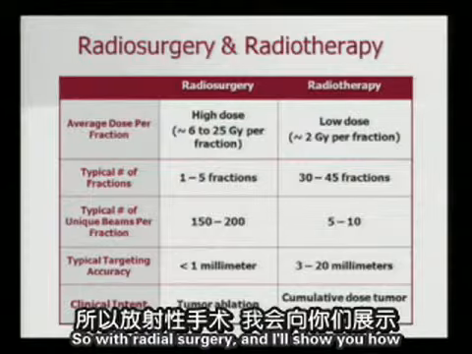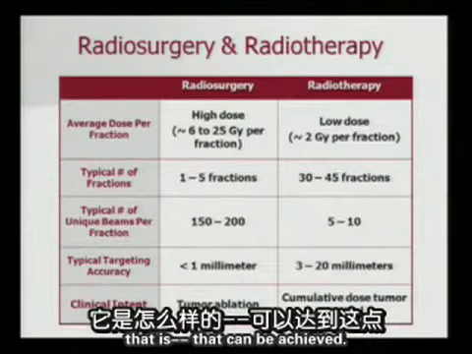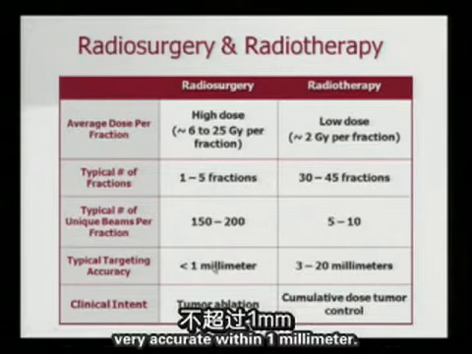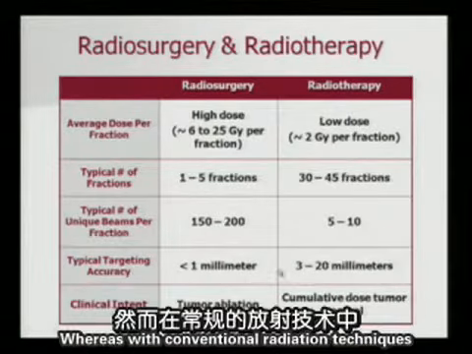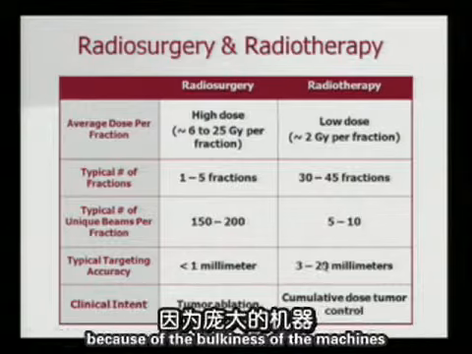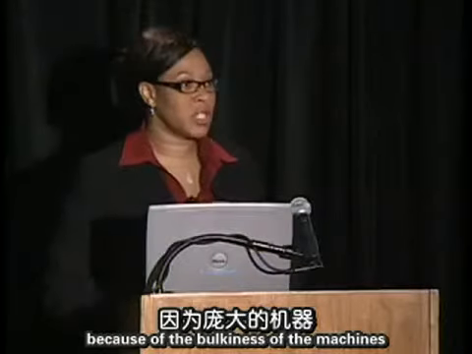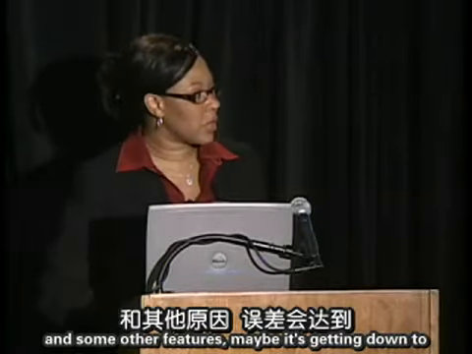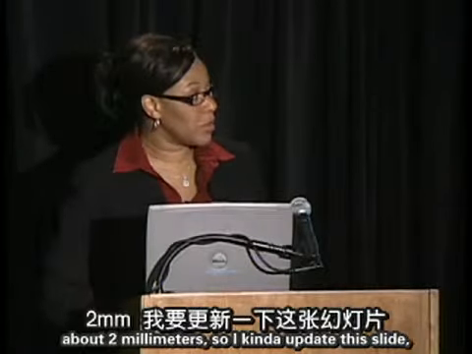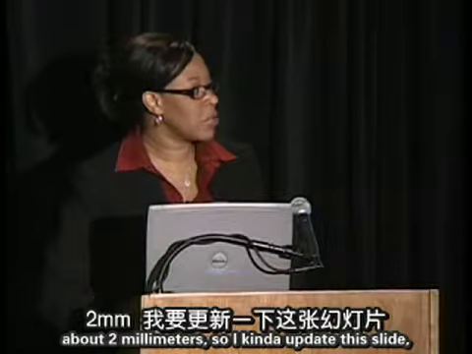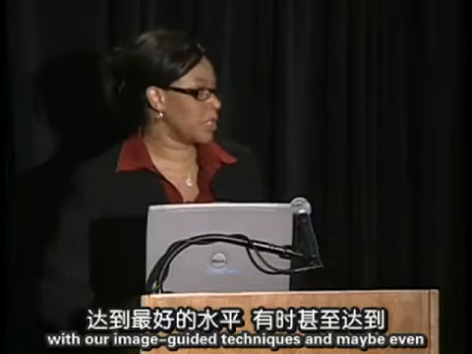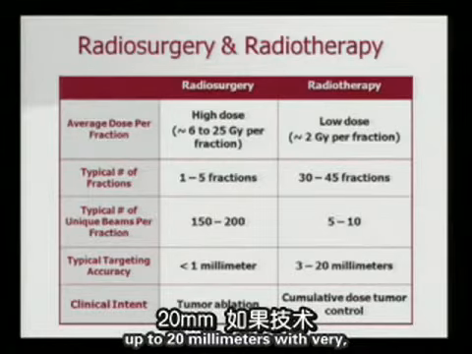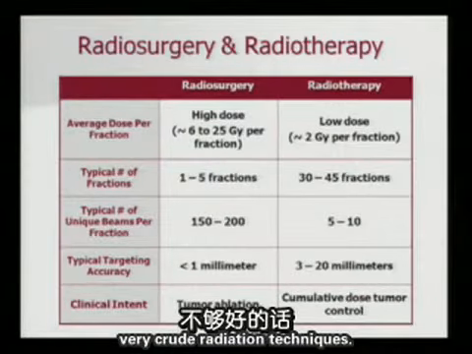With radiosurgery, the targeting accuracy is very, very accurate, within 1 millimeter. Whereas with conventional radiation techniques, because of the bulkiness of the machines and some other features, maybe it's getting down to about 2 millimeters. So I haven't updated this slide. 2 millimeters, probably at the best with our image-guided techniques. And maybe even up to 20 millimeters with very, very crude radiation techniques.